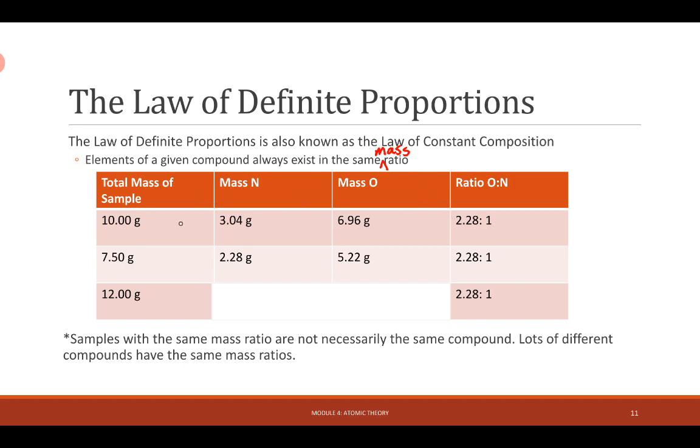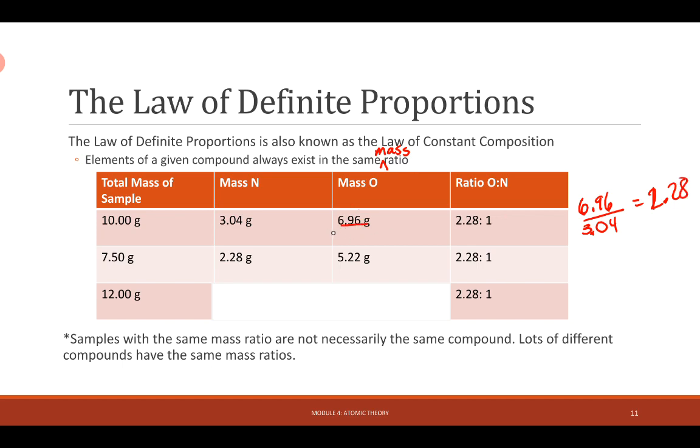And so in this table, you can see that if they grabbed a sample of this compound that weighed 10 grams, then 3.04 grams would be due to nitrogen, 6.96 grams is due to oxygen, and then they can calculate a mass ratio of the more divided by the less, so 6.96 divided by 3.04 is equal to 2.28.